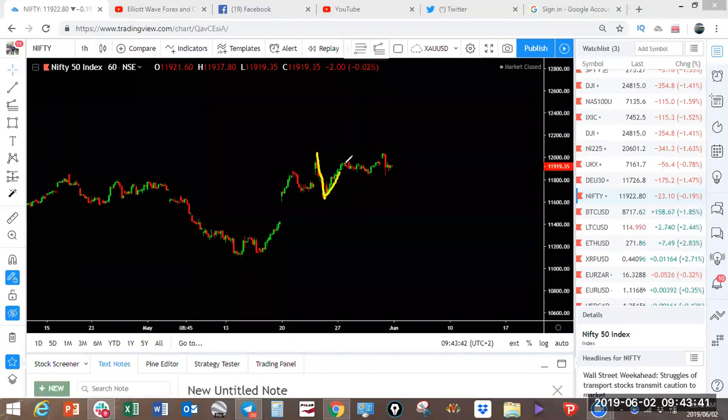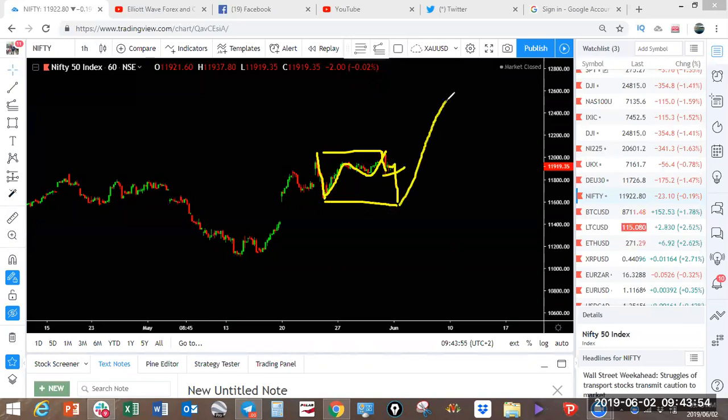You've got a 3-wave move up here, retested the top here, it's coming down here, you've got a corrective structure here. It should at least come down to this level. We'll see what happens when it comes down to this level. If it does, it can push up higher because this is a continuation pattern and make this 3-wave move. Then we can focus and see what the next move is going to be. So at least now you know the next 1, 2 moves. Okay, so that is the Nifty.